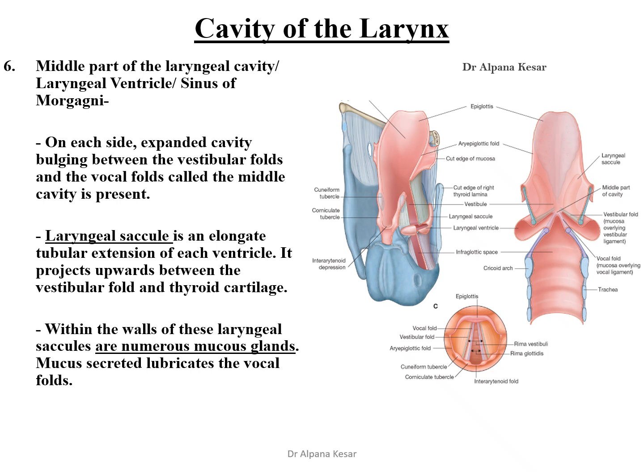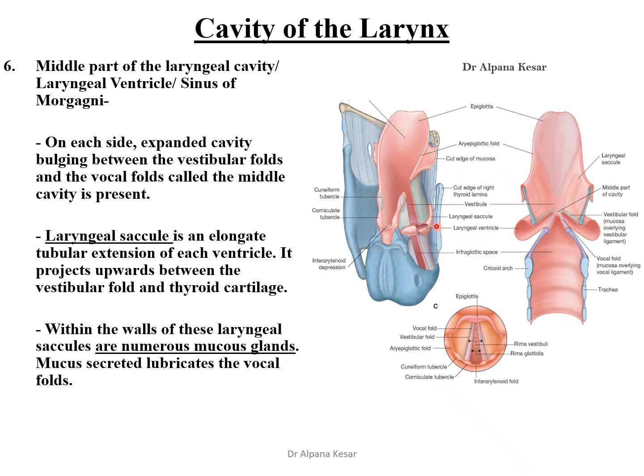The middle part of the laryngeal cavity is also known as the laryngeal ventricle or the sinus of Morgagni. It is an expanded cavity which is present one on each side, between the vestibular folds above and the vocal folds below.